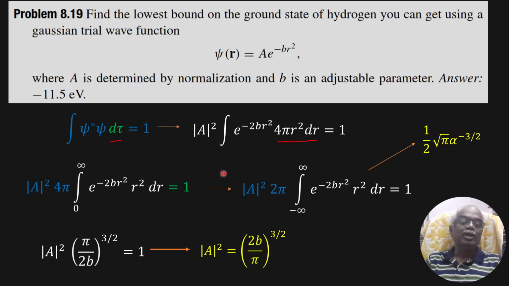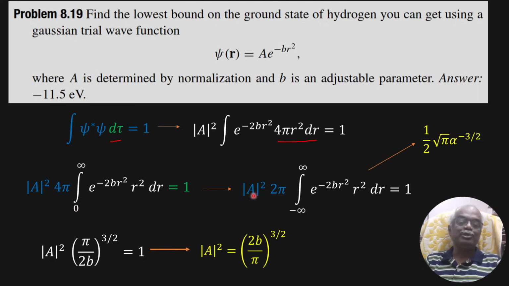Now you can take the constants outside the integral, including the 4 pi. Then this becomes the integral of e to the power minus 2b r squared multiplied by r squared dr, which must be equal to 1. Remember that the limit of the integral is 0 to infinity.